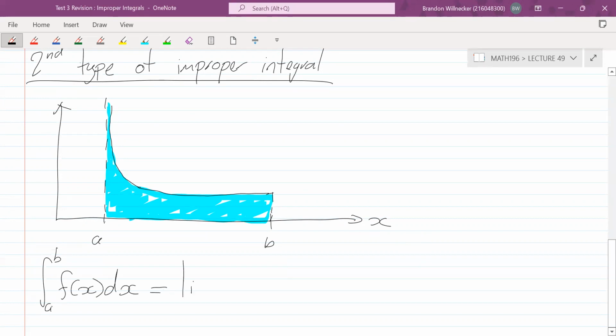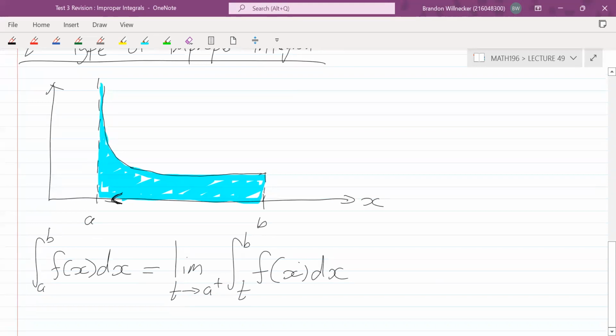So we say this is the limit as t approaches a plus, because we're coming from the right-hand side, going this way towards a, so from the positive side. And then we have the integral from t to b, f of x dx. So t can start off, say, somewhere here.